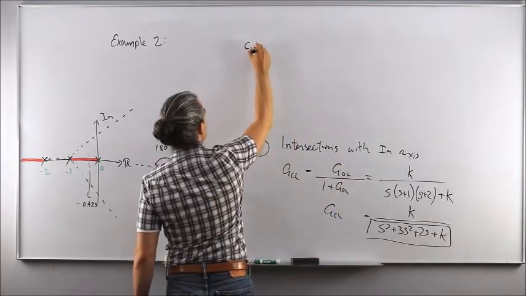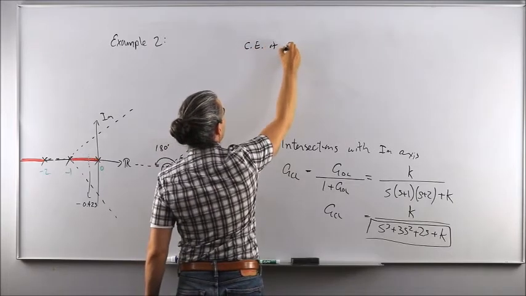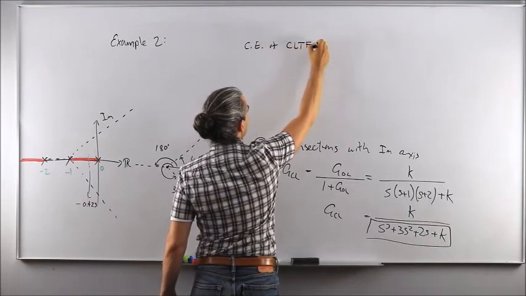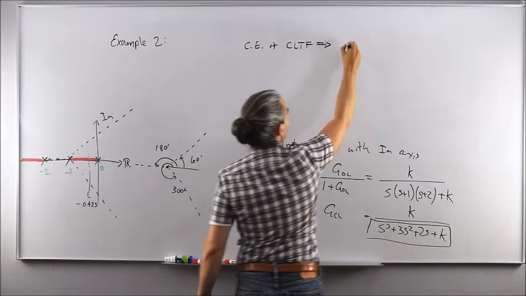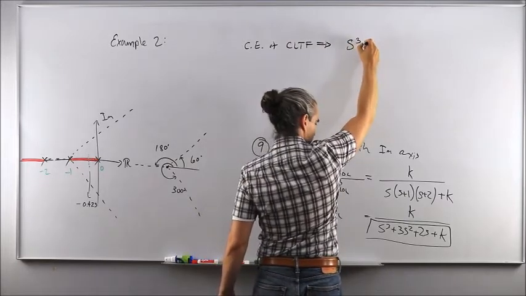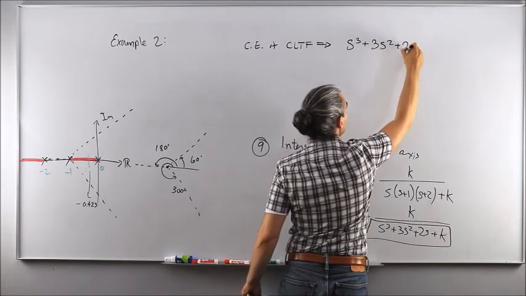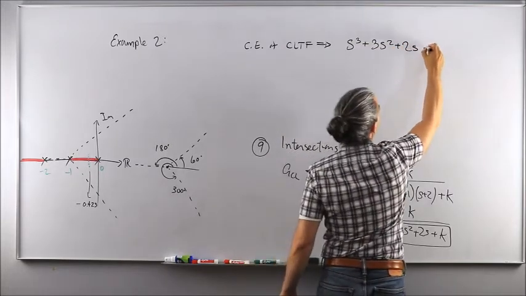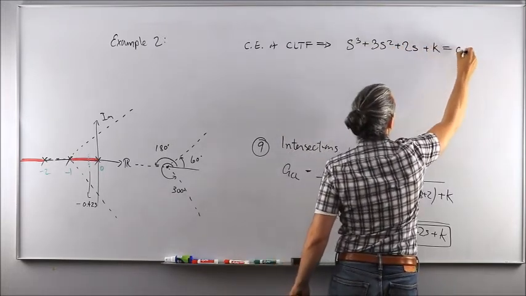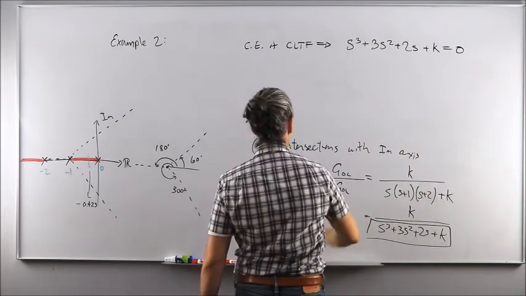So characteristic equation of closed-loop transfer function, s cubed plus 3s squared plus 2s plus k equals 0. Good.